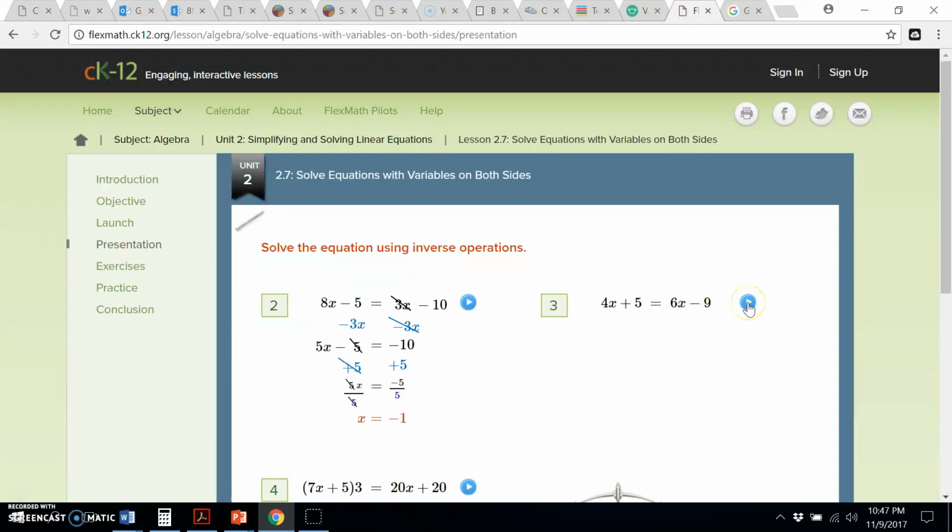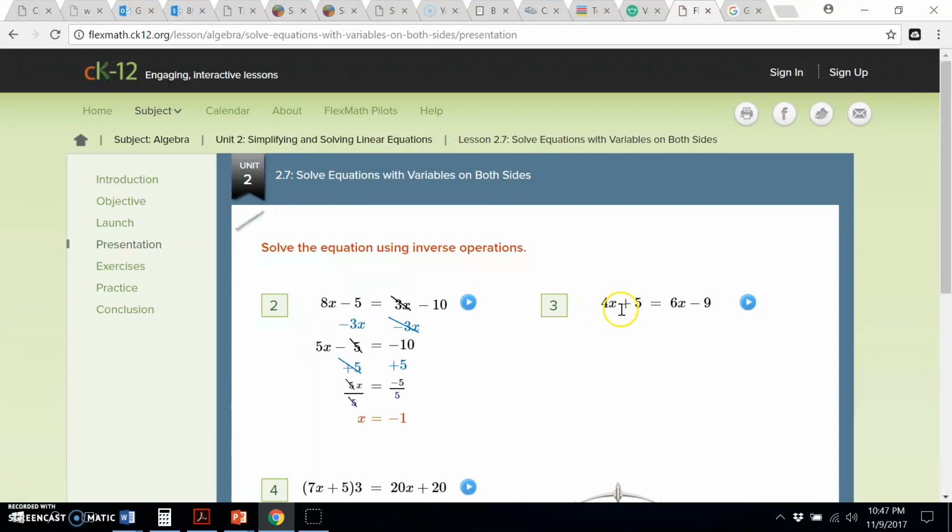All right, so you have 4x. You need to write this down. These are two models you're going to use. 4x plus 5 equals 6x minus 9. Which is the smallest variable or the smallest coefficient? Correct, 4x. So that 4x is what we need to move. And you're not looking at the plus, you're looking at the actual 4x.